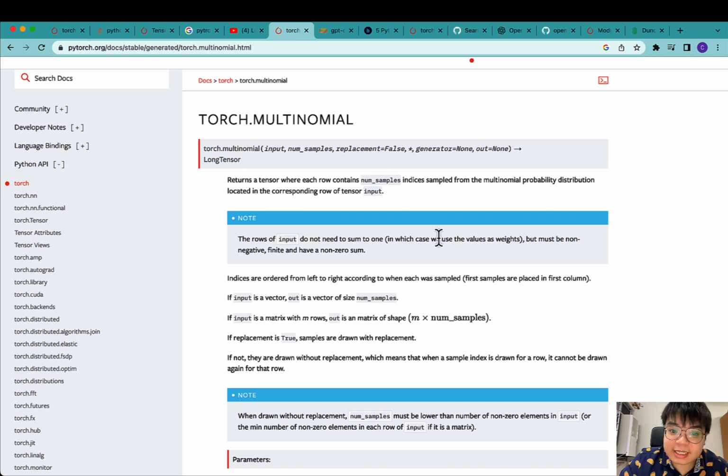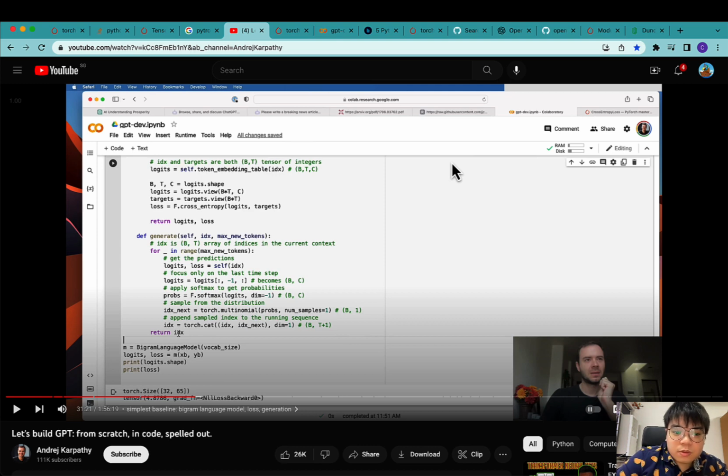Over here, it returns a tensor where each row contains num_samples samples sampled from the multinomial probability distribution. So that went from B, C to B, 1.